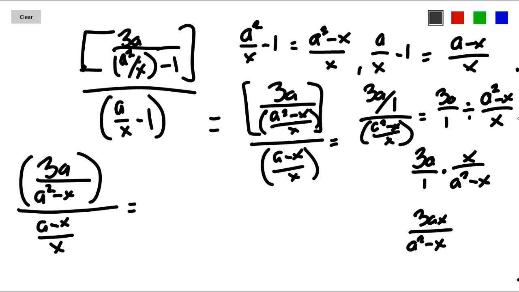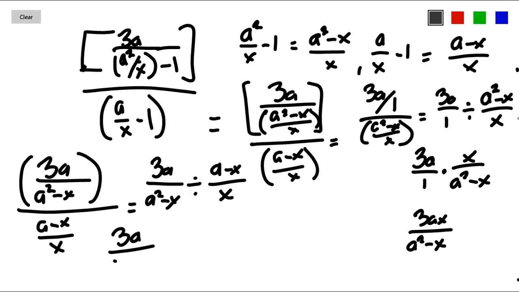Since I'm dividing, it's the same as multiplying by the reciprocal of the second fraction. So I can rewrite this as 3a over a squared minus x times x over a minus x.